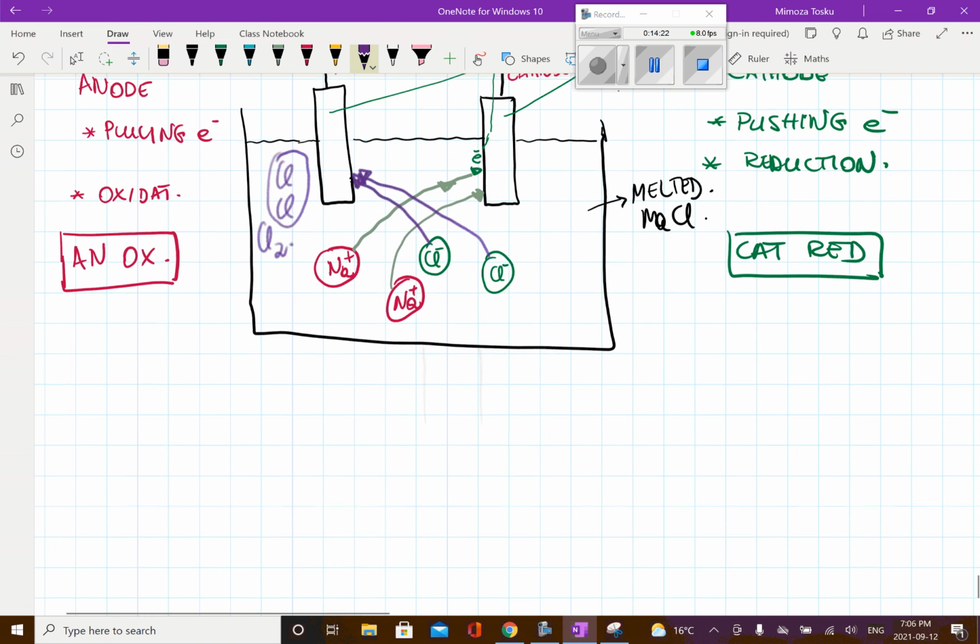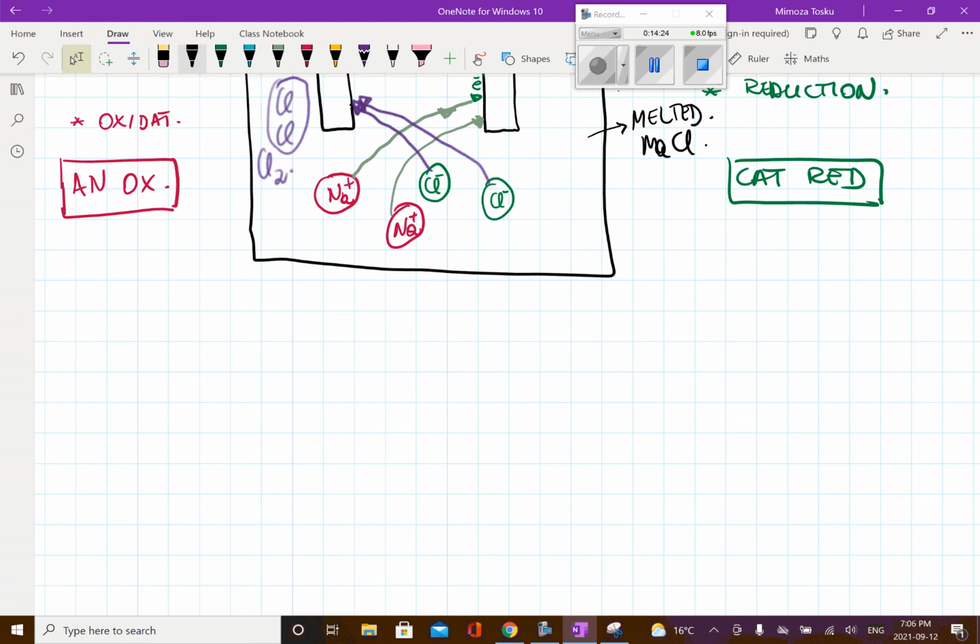And again, what we will use is the fact that the electric potential of the cell is whatever is the electric potential of cathode minus the electric potential of anode. And you will see that in the electrolytic cell, when you're using the information on page 7, it will be a negative value.